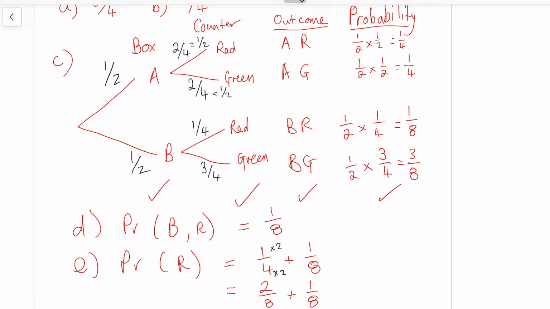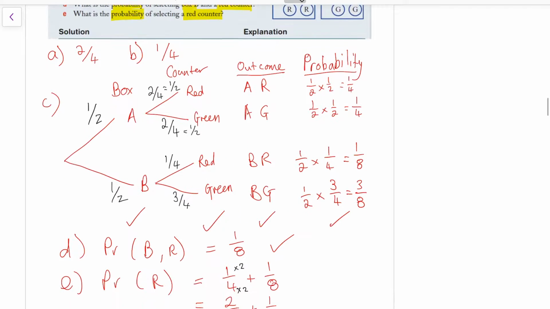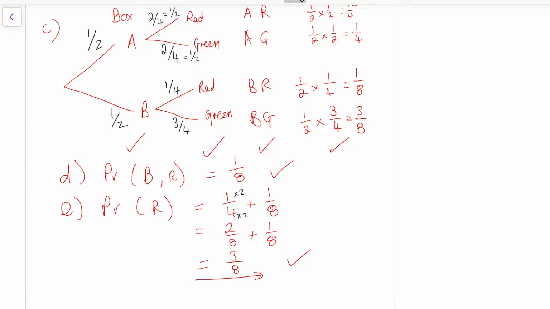And that gets you 3 over 8. And that's your probability. That's probably one of the more harder questions I would throw into your exam. All right. Good. You're doing well. So make sure you've got this copied down into your notebook and make sure you've shown all the working out so that you know exactly where the answers are coming from.